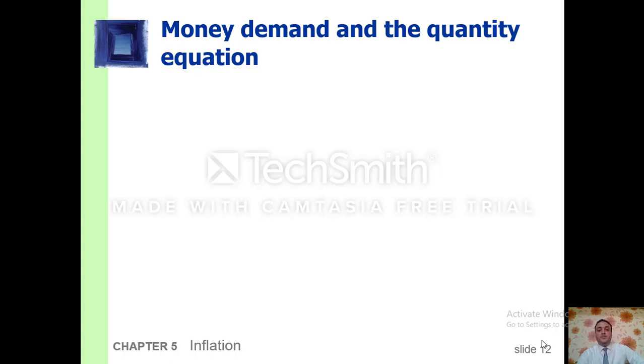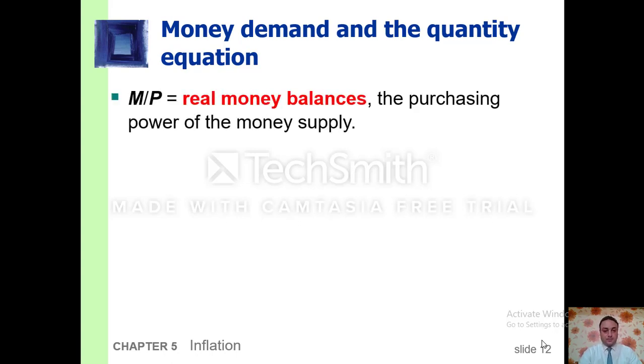So the money demand. Now we know the quantity equation and its variables. What about the money demand and the quantity equation? You know the real money balances, which is the purchasing power of the money supply. This money, how can you value it? The value of this money is how much this money can purchase.